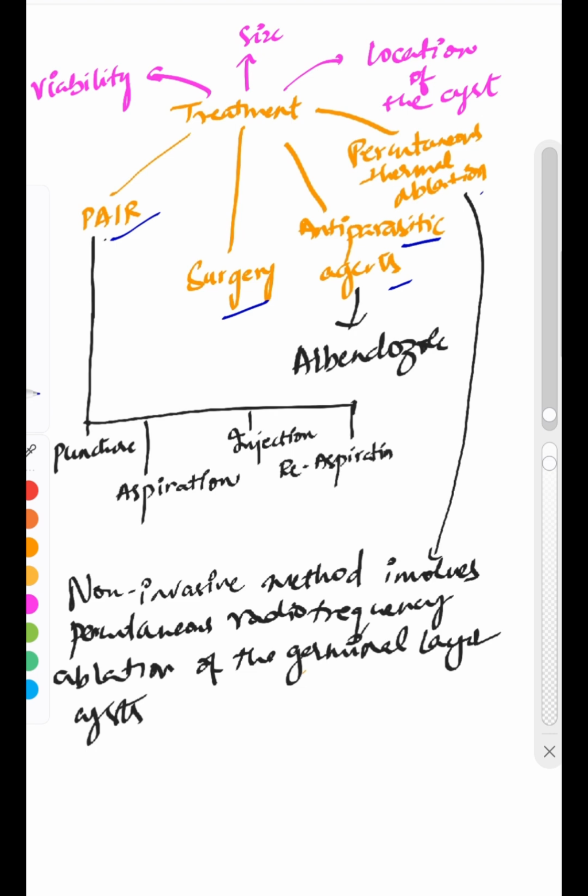So what is PAIR? It is an alternative method recommended instead of surgery. In this, P means puncture, A means aspiration, I means injection, and R means reaspiration.